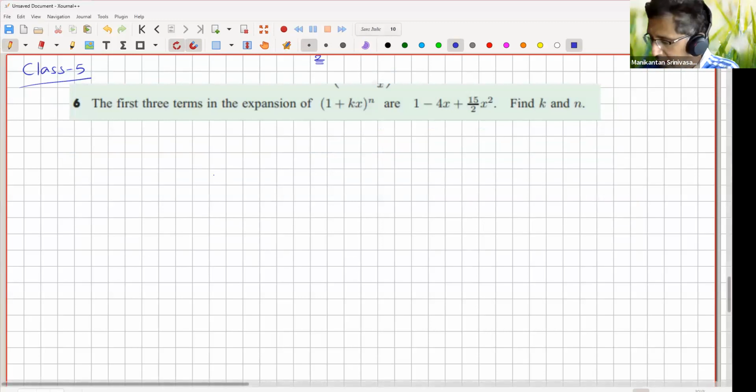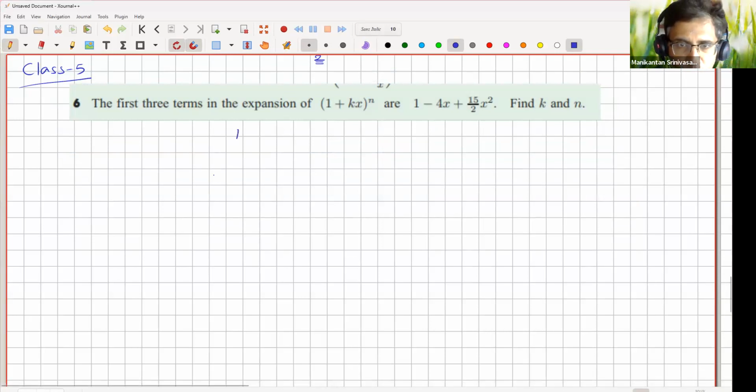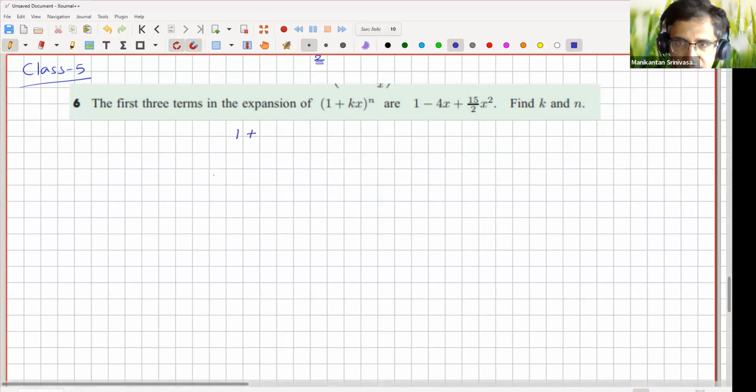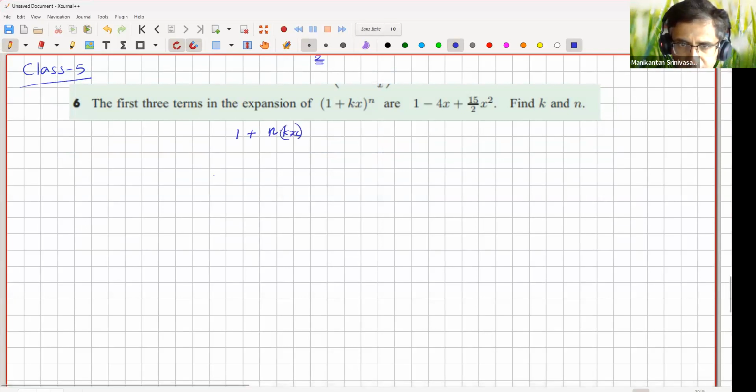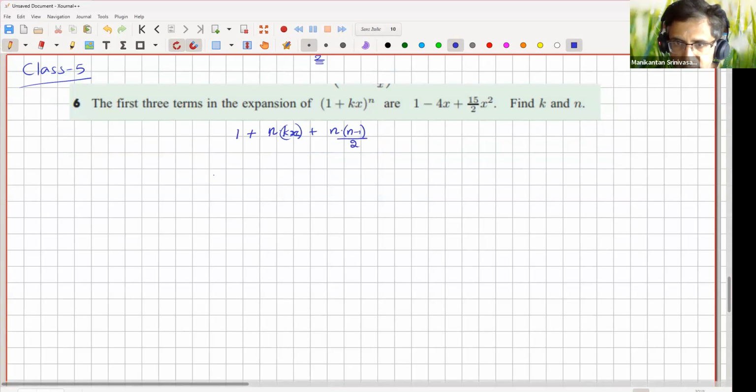So the expansion would be 1 plus n choose 1. I mean, this is n choose 0, which is 1, right? Then n times 1 power n minus 1, kx power 1. This will be the second term, correct? The term after this would be n choose 2, which is n into n minus 1 by 2, times kx square.